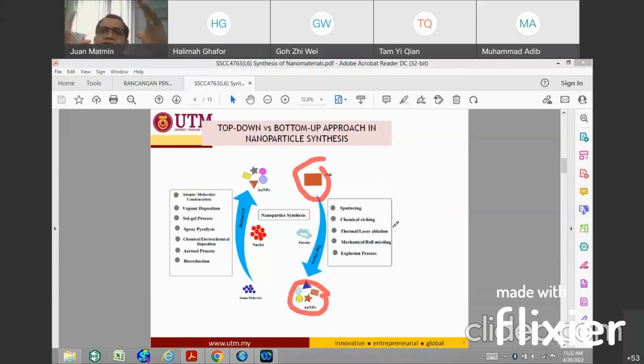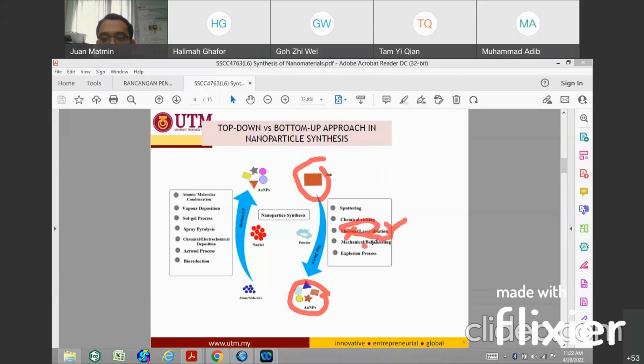So macam mana benda nak kecil ni, kita nak karate dia ke, nak gigit dia ke, nak kecilkan dia kan. So the most common one is usually thermal laser ablation. Ni pakai energy laser lah, pakai thermodynamic approach, sama ada you introduce a laser ataupun thermal. Okay, this is the most common.